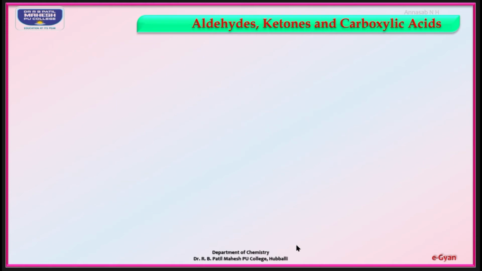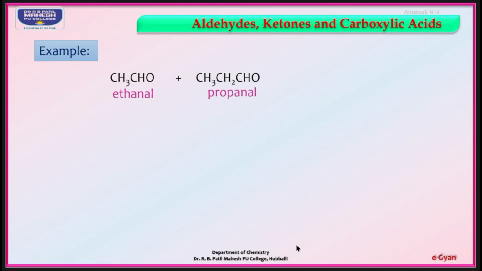Let us learn the reaction. Example, ethanal that reacts with propanal in presence of a base like NaOH, followed by heating, liberates 2 different products. If the reaction takes place between the molecules of ethanal only, we are going to get the product but-2-enal.